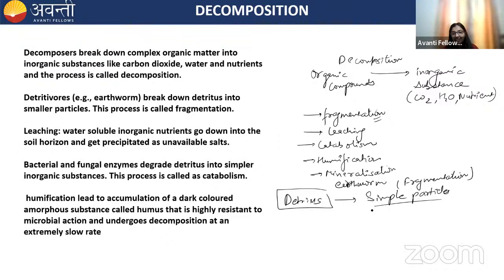When the simple particles are formed, some of the water-soluble inorganic nutrients get dissolved in water. They leach into the soil and are deposited as unavailable salt.